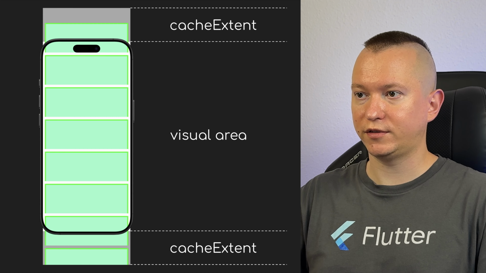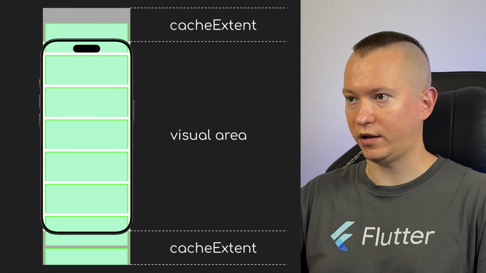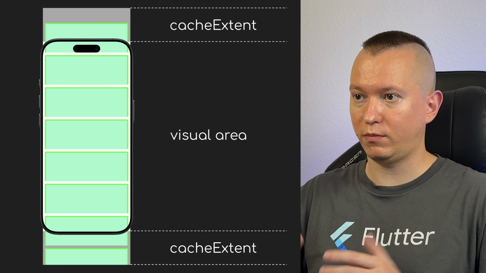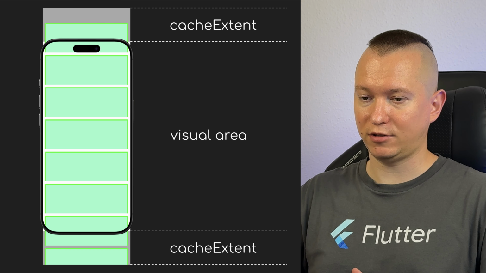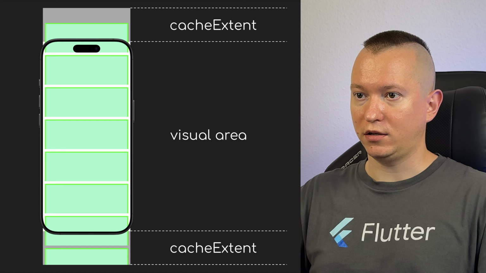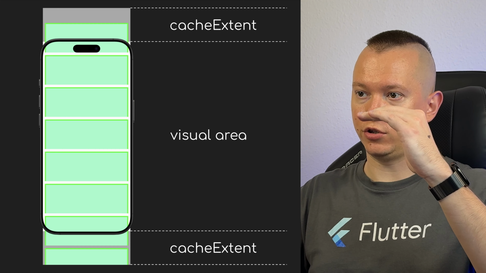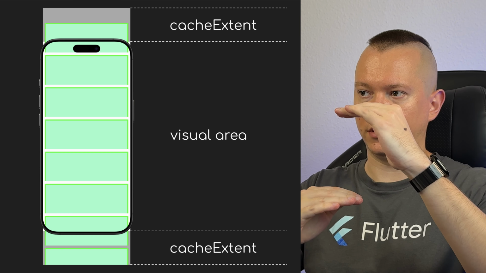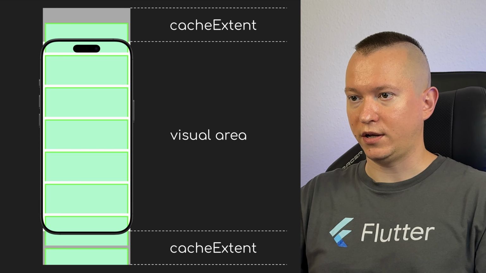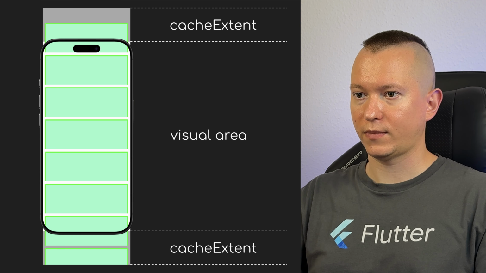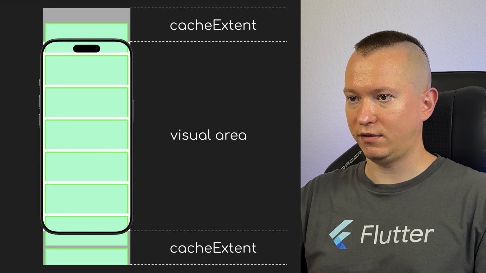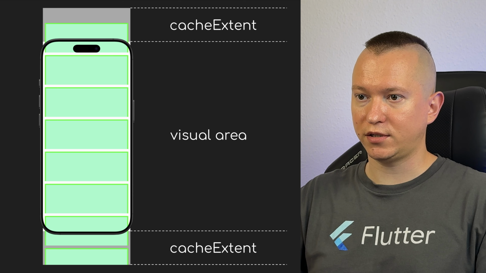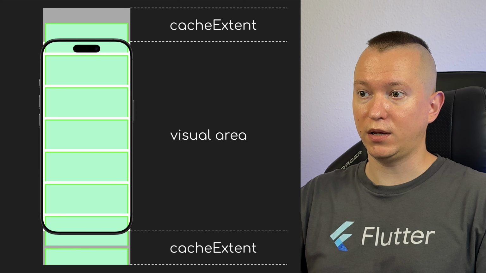Before a sliver leaves the pre-visible viewport cache area, things are fairly straightforward. We need to perform a layout based on the fact that the maximum available space for it is the distance from the leading edge of the sliver to the end of the cache it initially enters. The remaining cache extent we discussed before. But as soon as the sliver moves beyond the boundary of the cache area, we need to reconsider where the layout should even begin.